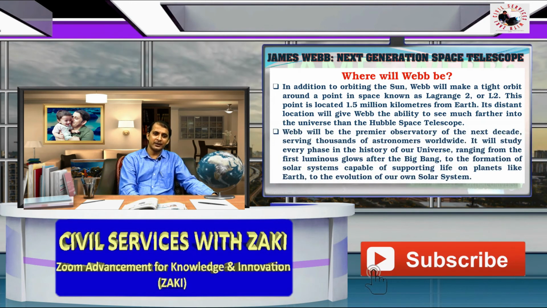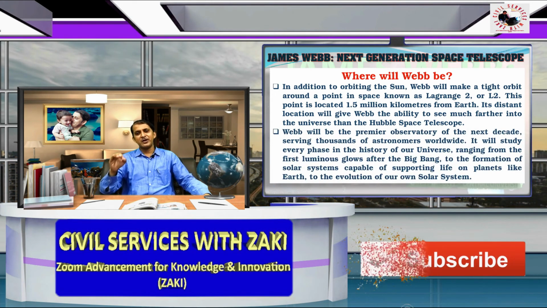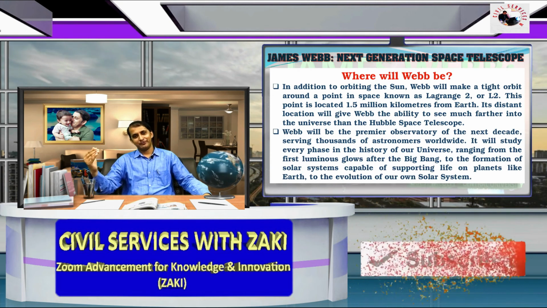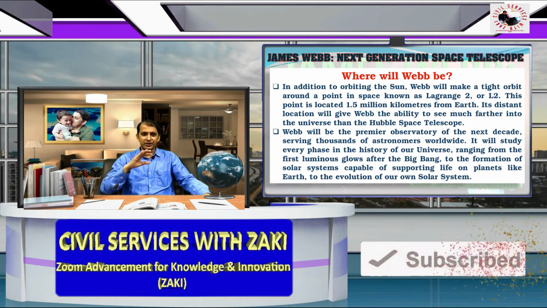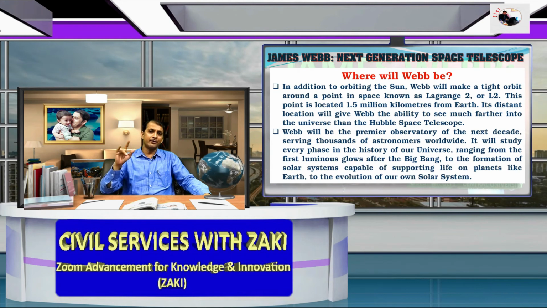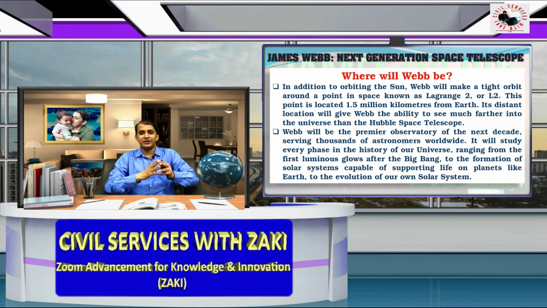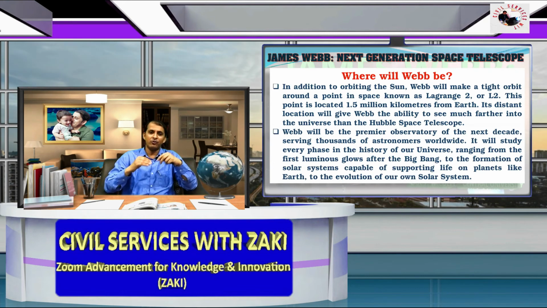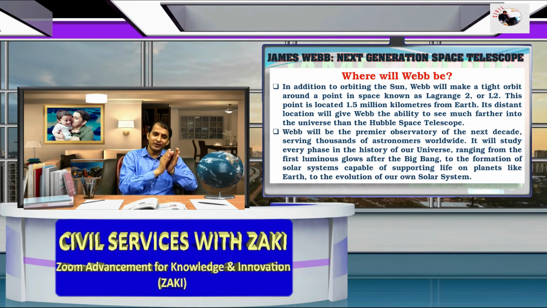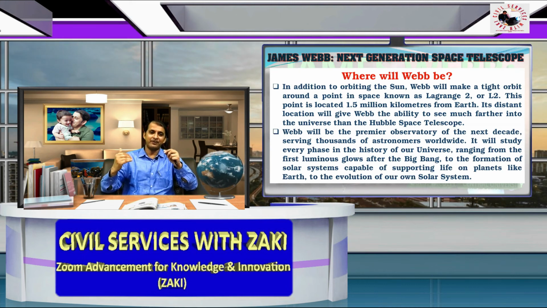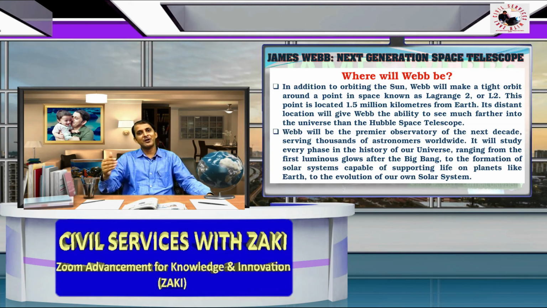Another thing, Webb will be the premier observatory for the next decade, serving thousands of astronomers worldwide. It will study every phase of the history of our universe, ranging from the first luminous glow after the Big Bang to the formation of solar systems capable of supporting life, planets like Earth, and the evolution of our own solar system.